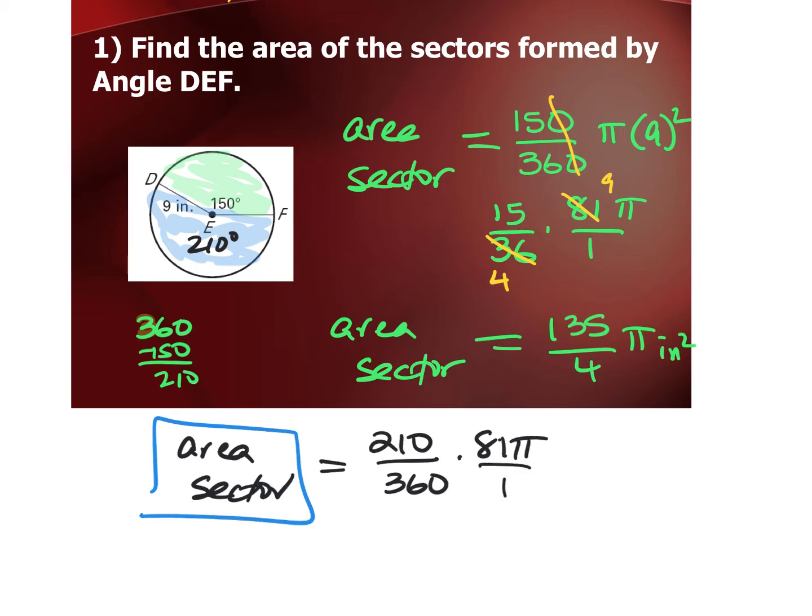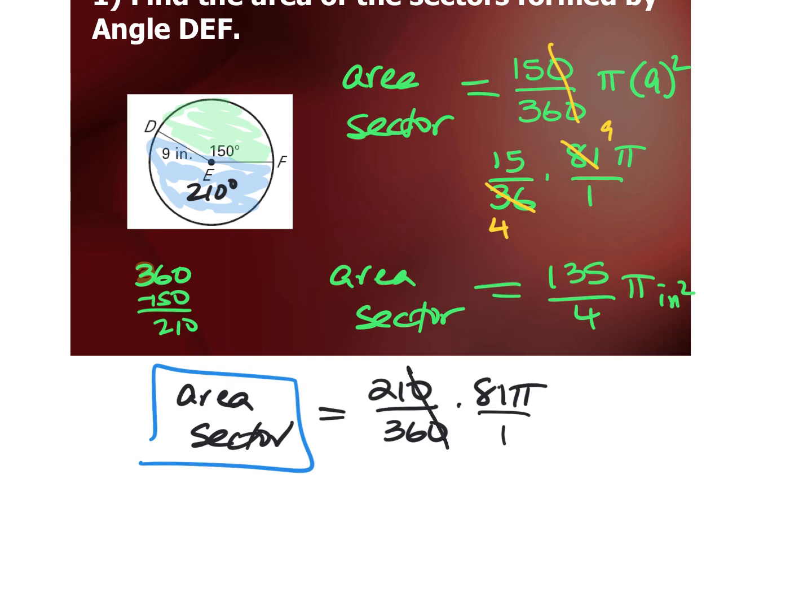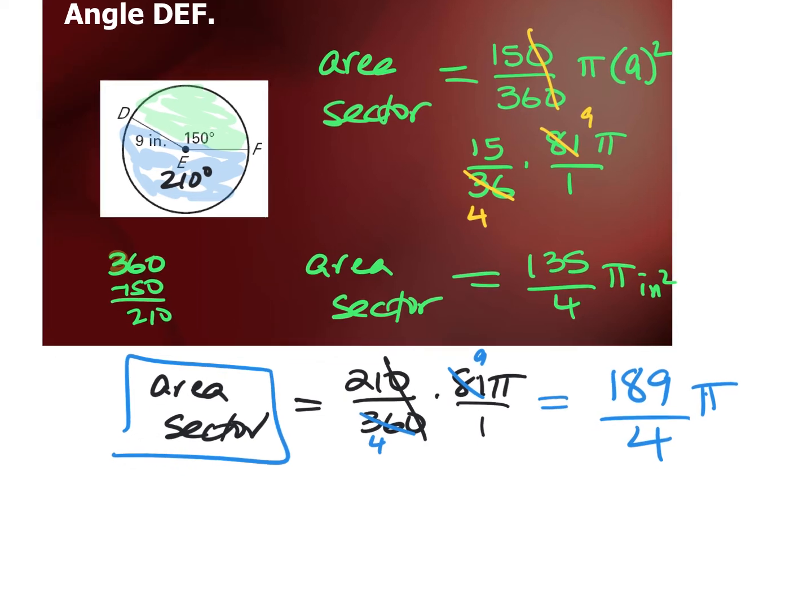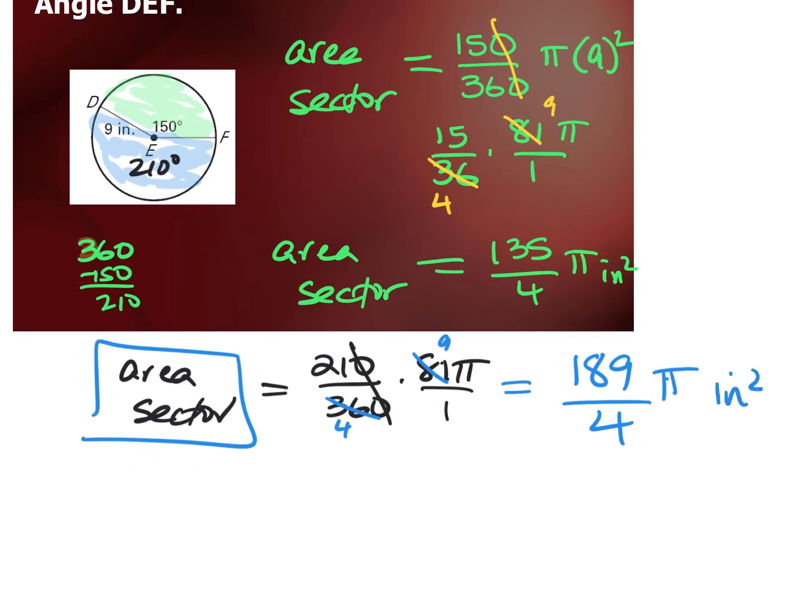Again, if you want to put a 1 under it. Now, I could chop off the zeros again. I can also simplify the 36 and the 81, and I can again make this a 9 and a 4. Nothing else simplifies here. So now I'm just going to multiply 21 times 9, and I get 189 over 4 pi, and again, inches squared.